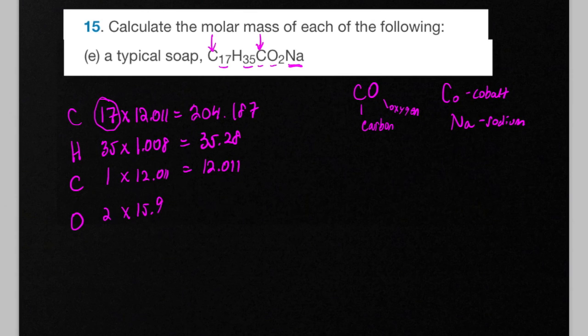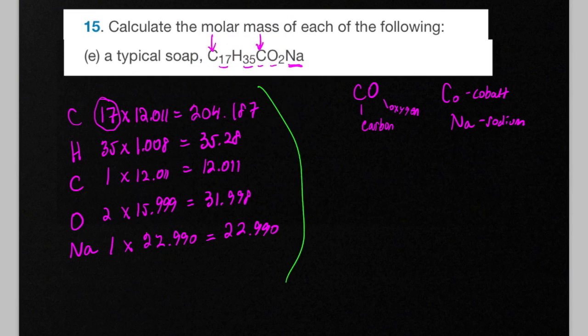We have 2 oxygens. We have 1 sodium, and sodium is element 11 in your periodic table. And you should have a molar mass something like that.